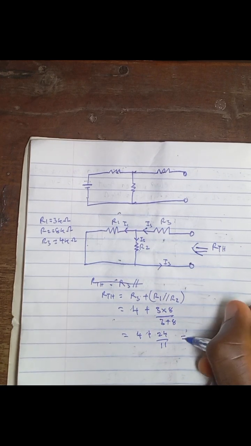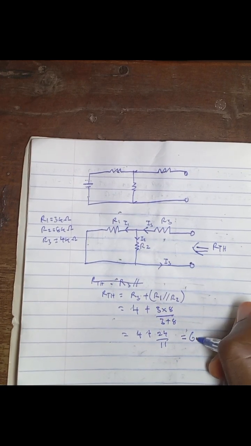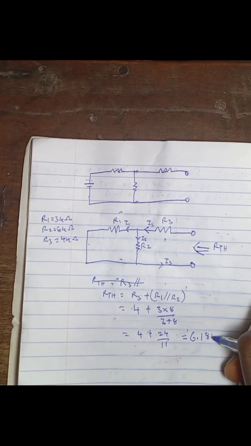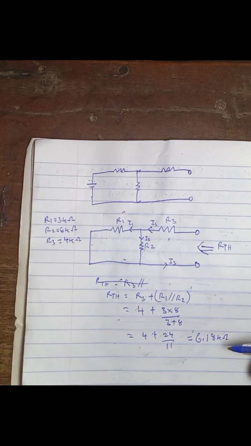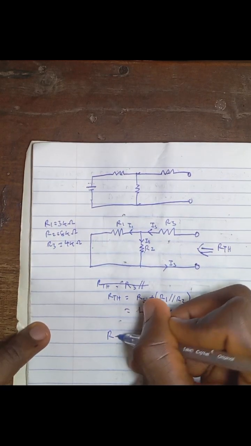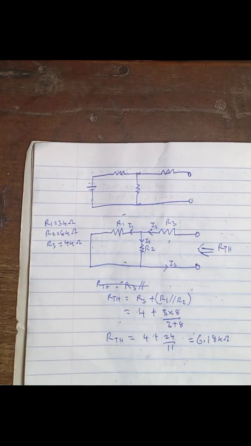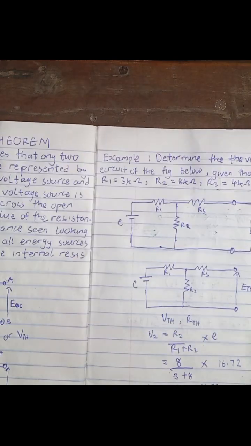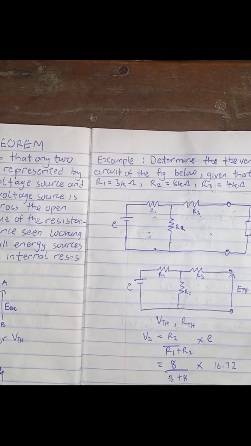So we'll be having 6.18 kilo ohms. So our Thevenin resistance is equal to 6.18 kilo ohm and our Thevenin voltage is equal to 12.16 volts.